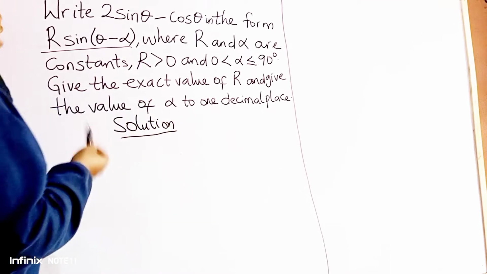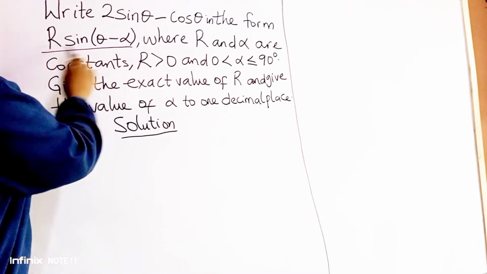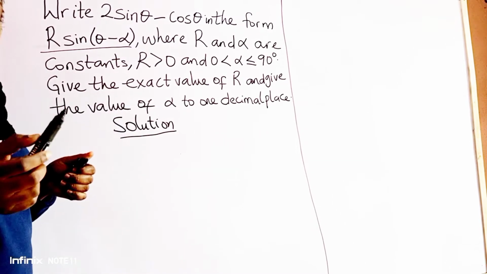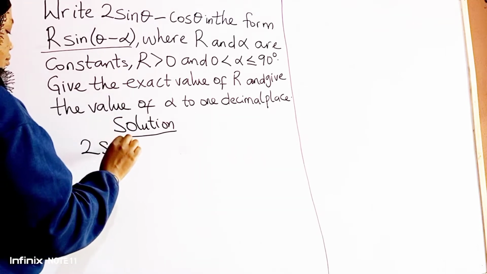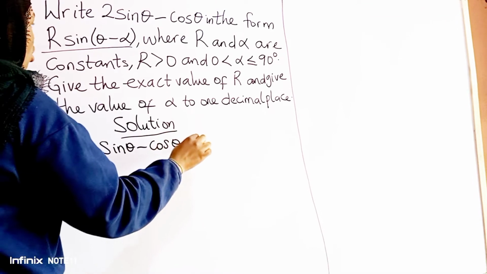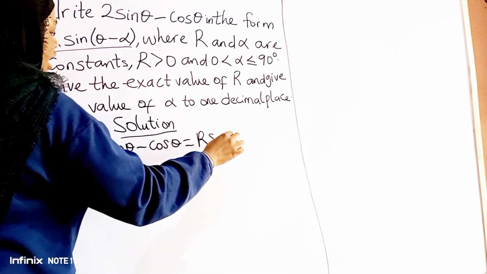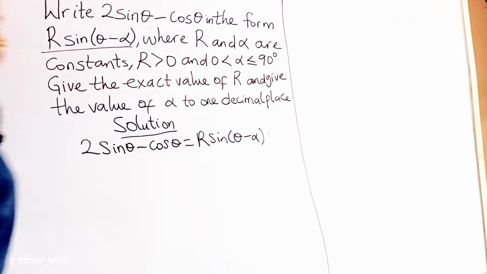Now, write 2 sin θ − cos θ in the form r sin(θ − α). That means we let 2 sin θ − cos θ be equal to r sin(θ − α).